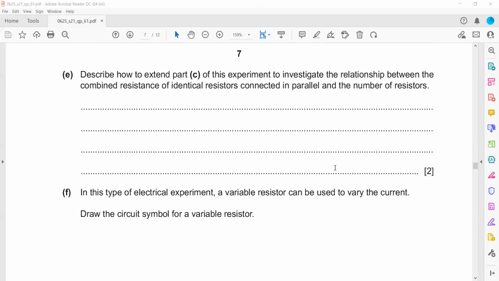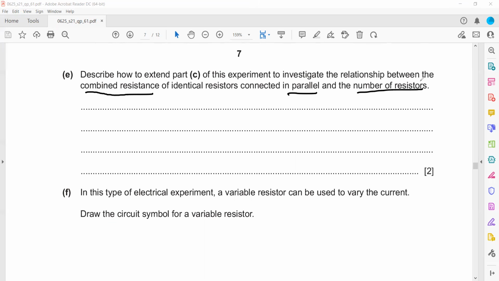Then describe how to extend part C of this experiment to investigate the relation between combined resistance of identical resistors connected in parallel and the number of resistors. So what she can do to investigate, what is the combined resistance of resistors in parallel and the number of resistors?